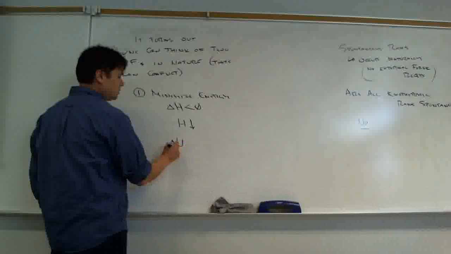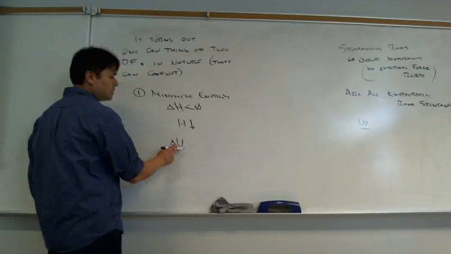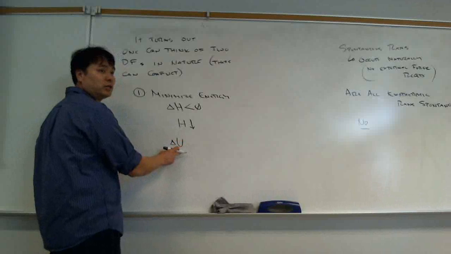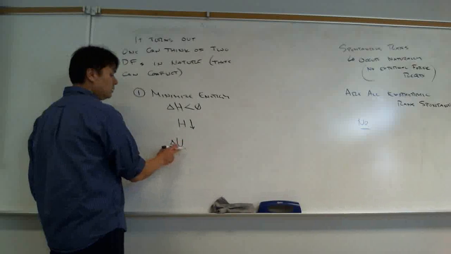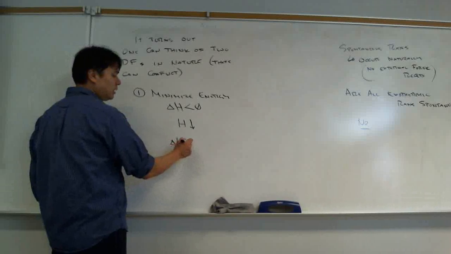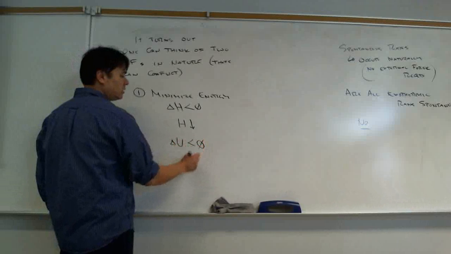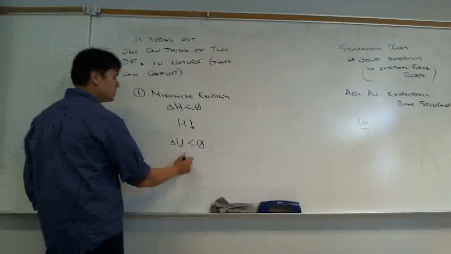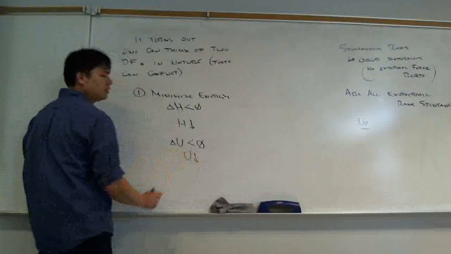Delta U is not just potential, but it would be called the total internal energy. And so delta U would be the change in internal energy. If the change in internal energy is less than 0, that's good too. In other words, we want the internal energy to decrease.